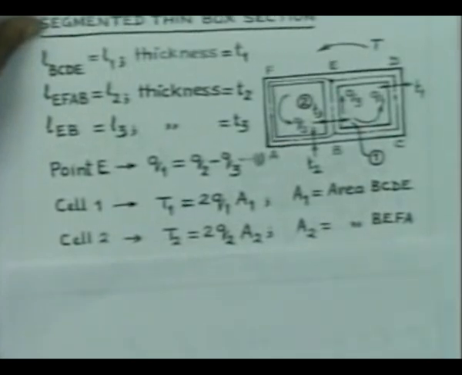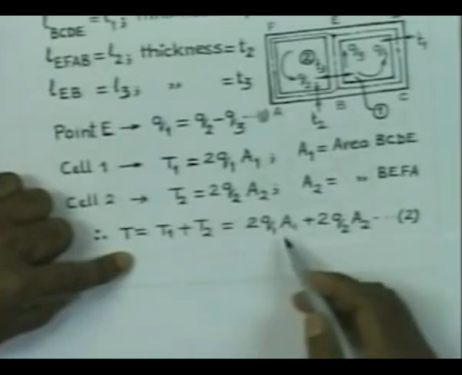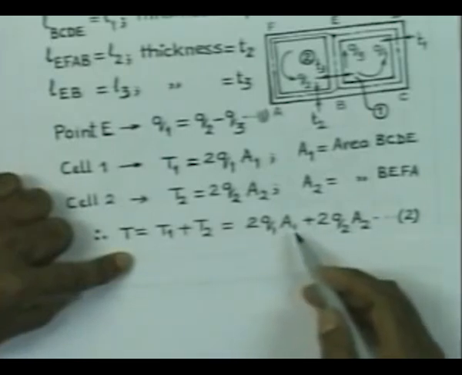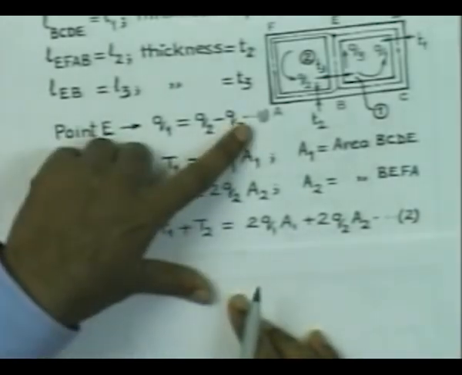Since the total torque is going to be T, we can add these two torques and we will get a relationship involving the shear flows with the external torque T. So, total torque T is equal to T1 plus T2, and this is equal to 2 Q1 A1 plus 2 Q2 A2. So, we have now a relationship involving the flows. One equation is here and the second equation is here. Again, we would like to get back to the consideration of the two cells separately.